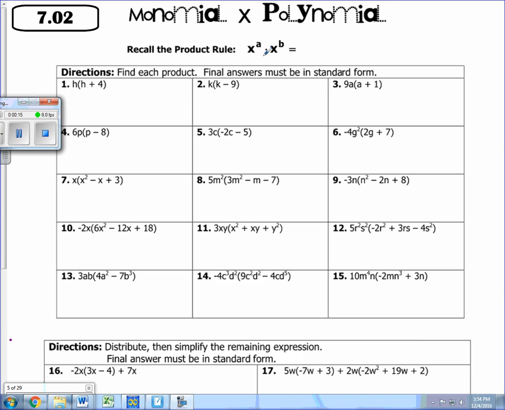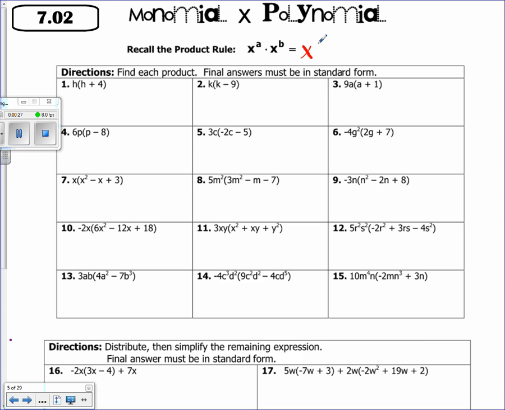Recall the product rule. x to the a power times x to the b power. When you're multiplying two things with the same base, these both have a base of x, you can add the exponents. So that's x to the a plus b power.